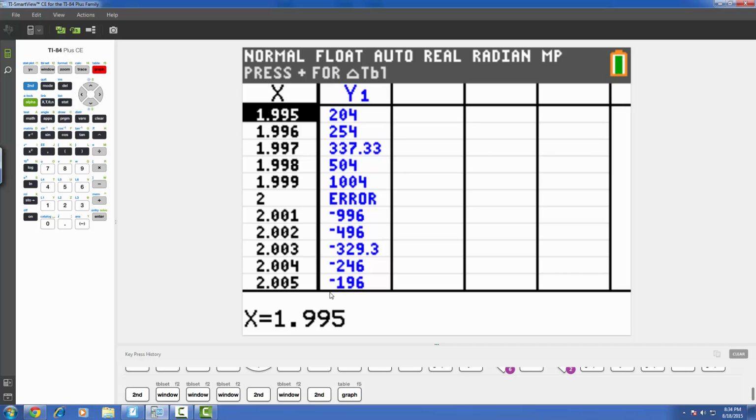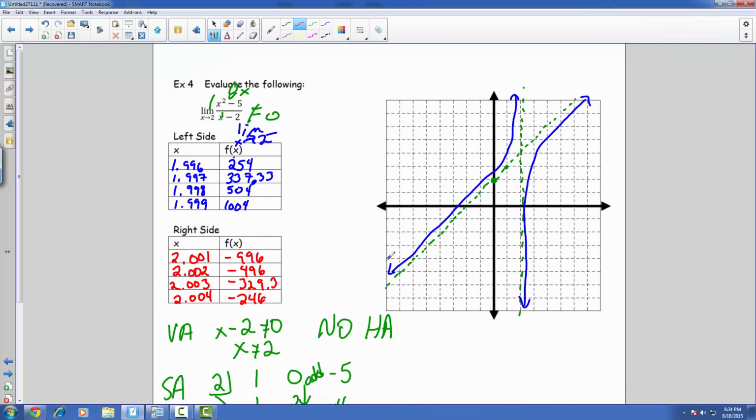And as you have numbers that are to the right of 2, as you get closer and closer to 2, it's going to go down towards negative infinity. It actually does match what our graph is telling us. We said, here's our table. As you approach 2 from the left side, getting closer and closer to 2 from the left, we are going up towards positive infinity for our function f of x.